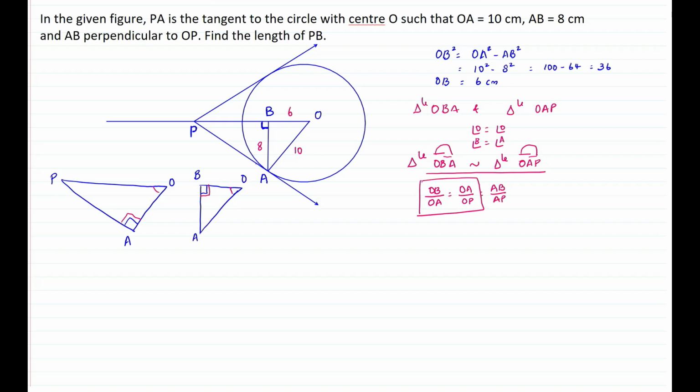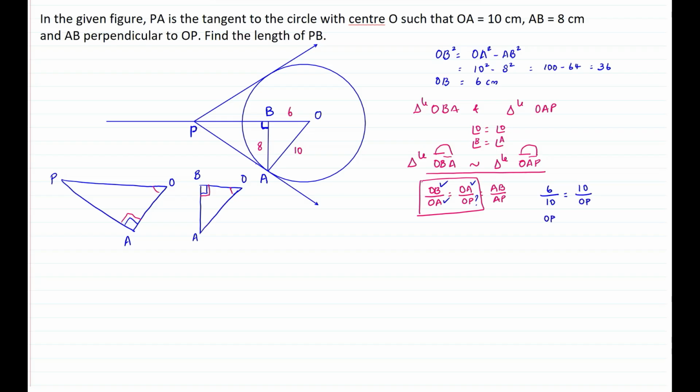Now these two ratios are more than enough. Why? Because we have information of OB. OB is 6. We have information on OA. OA is 10. We can find OP very easily. Therefore, the next step will be OB is 6, OA is 10, is equal to OA with 10 again, and then OP.